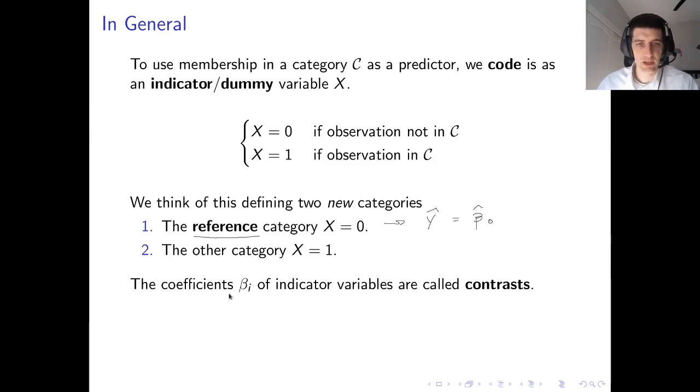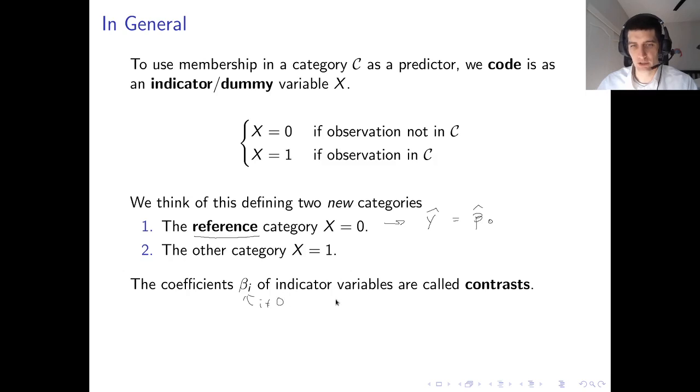Okay, the beta hat terms associated with the indicator variables. Let me describe this. We have this reference category, which corresponds to this beta hat 0, and then the coefficients of these indicator variables. Another way to say this is beta i for i not equal to 0, because beta 0 is not a coefficient of an indicator variable, right?